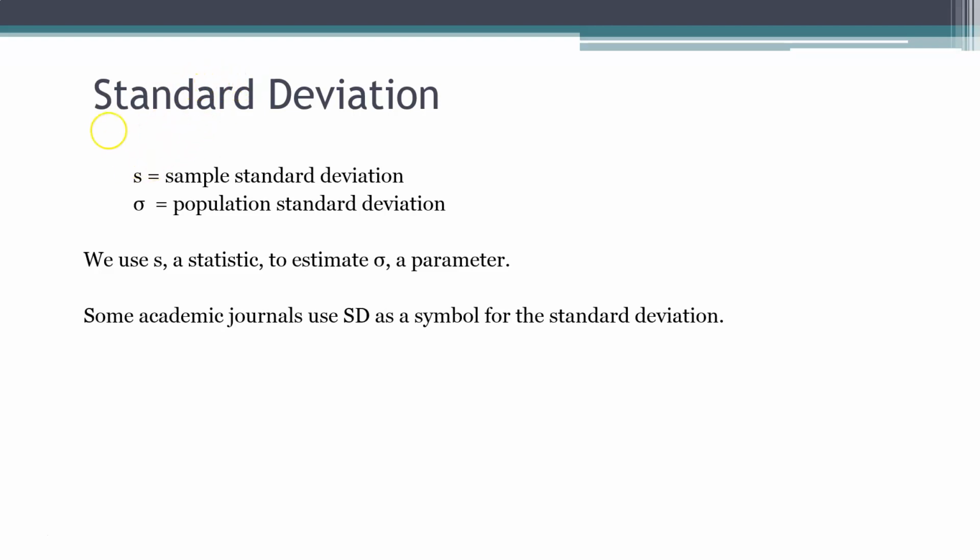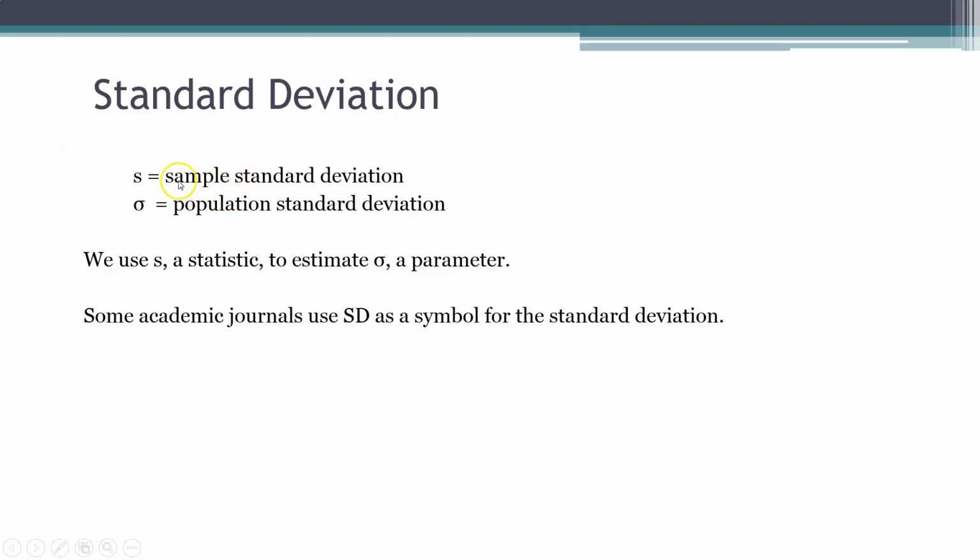And for the population standard deviation, we use this lowercase Greek letter sigma. I know you've seen the uppercase sigma, but this is lowercase. It looks like an O, but they call it sigma. So sigma is our population standard deviation, and we're going to use S, the sample standard deviation, to estimate the population standard deviation.